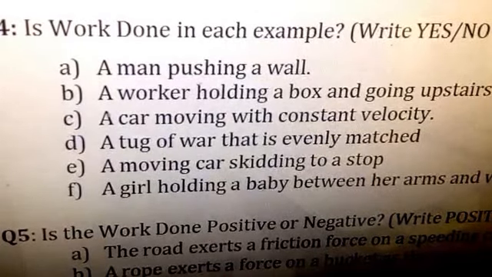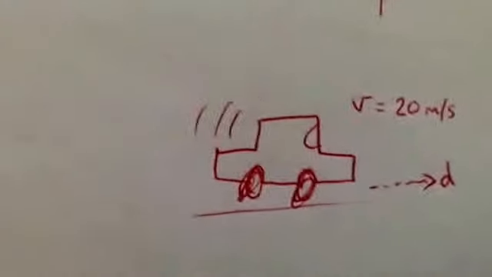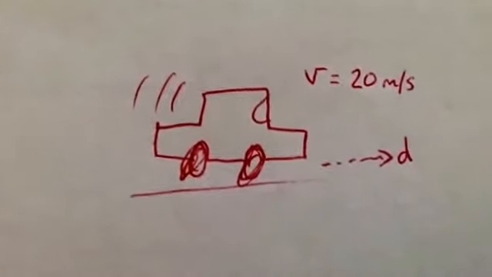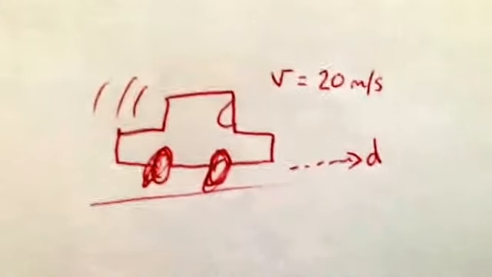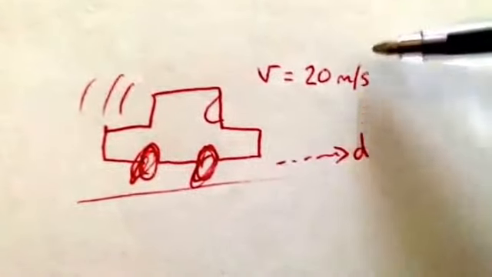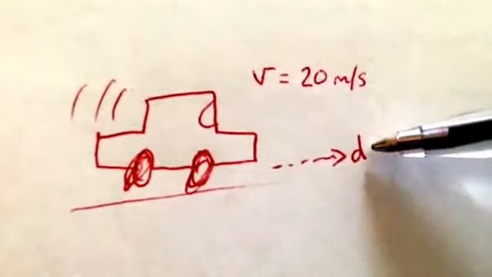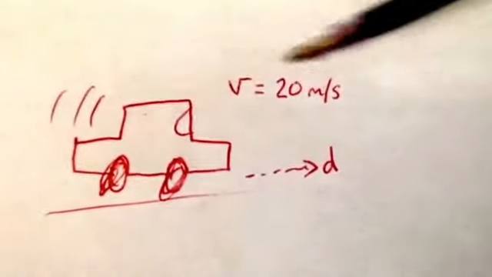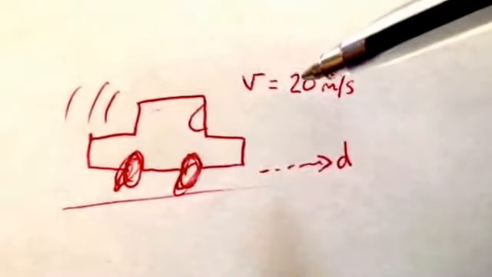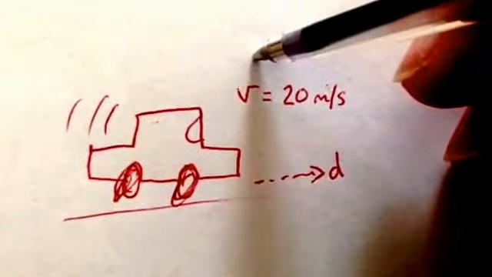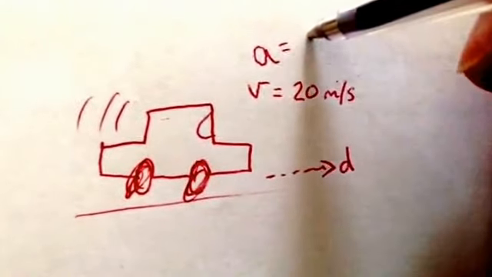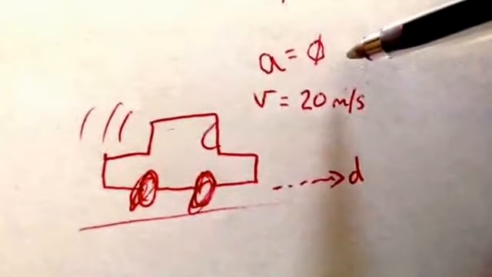A car moving with constant velocity. Well, there's the car moving with a constant velocity. Let's say the velocity is staying at 20. It has a distance, but is there a force? You might think there is because it's moving, but remember, it's a constant velocity, meaning the acceleration is nothing. It's not accelerating.